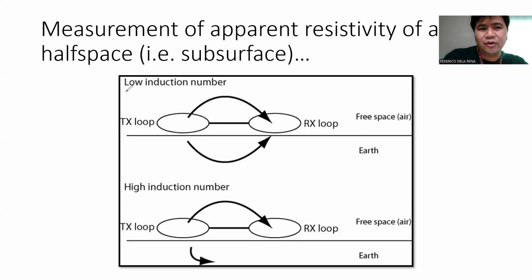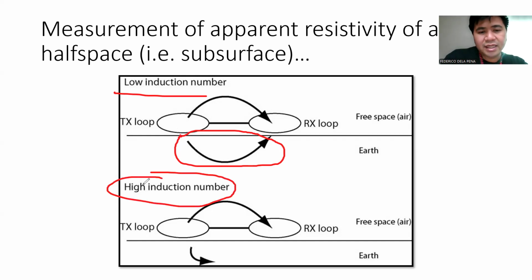So basically, low induction number, you're close to the ground, and your signals are simply traveling immediately in the subsurface. For high induction numbers, the signal as it travels from the transmitter to the receiver, it travels through the air.